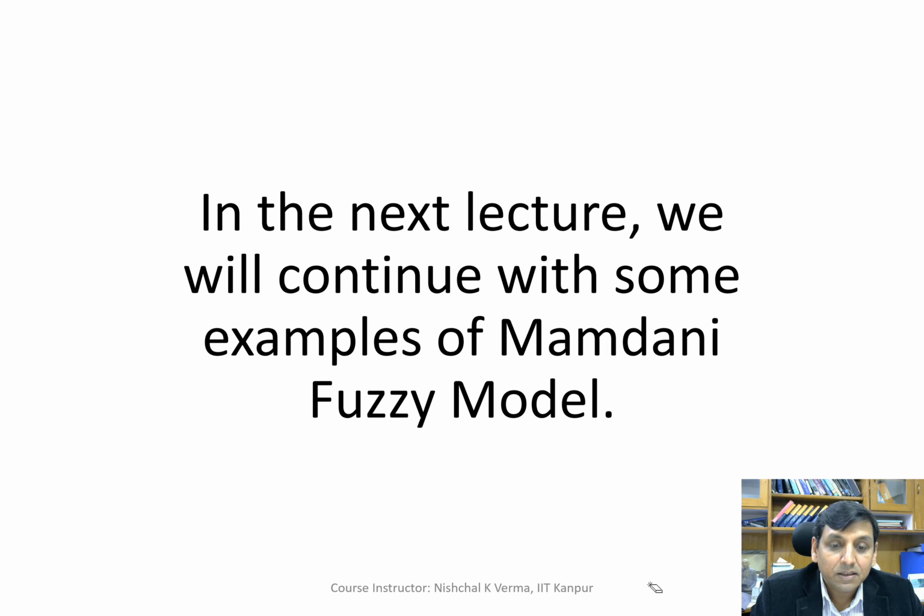After that we discussed some commonly used defuzzification methods, and with this I stop here, and in the next lecture we'll continue with some examples of the Mamdani fuzzy model. Thank you.